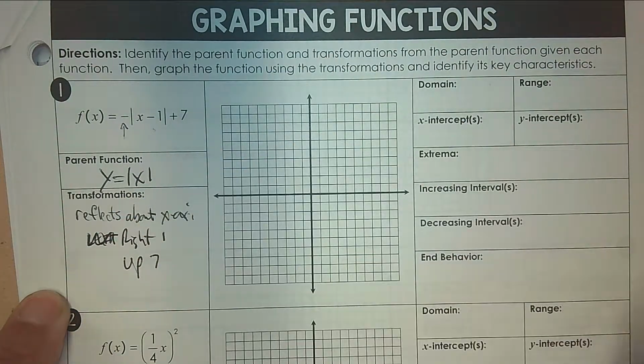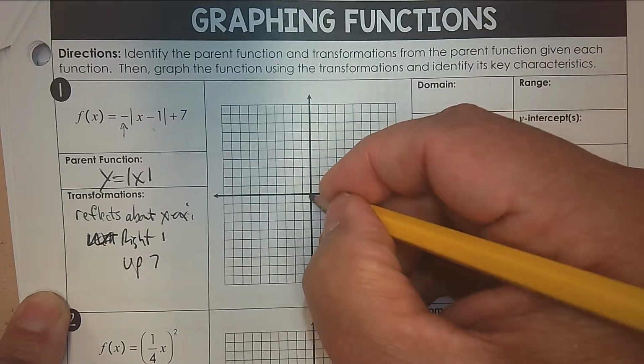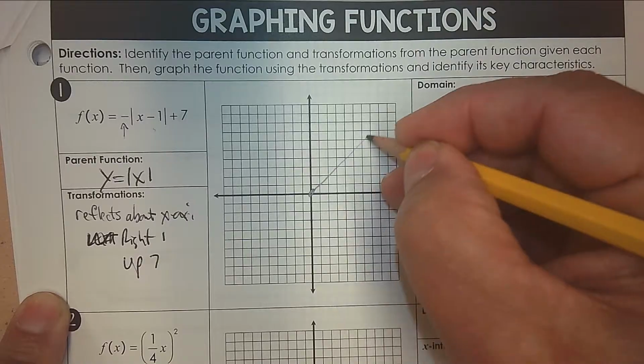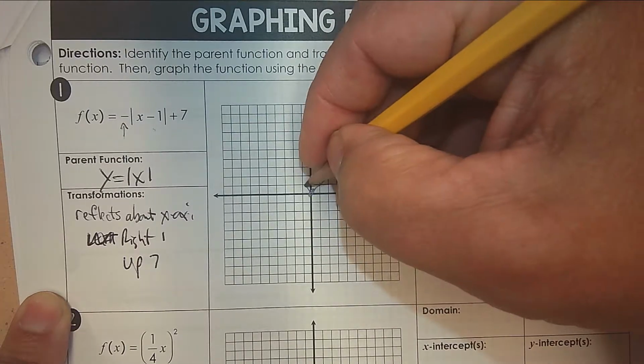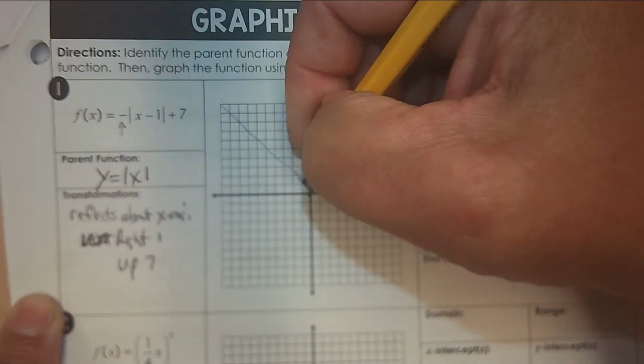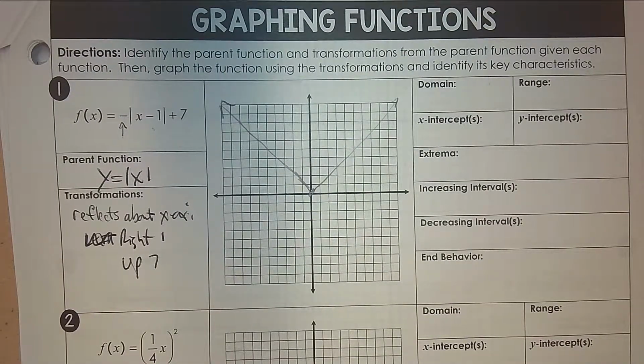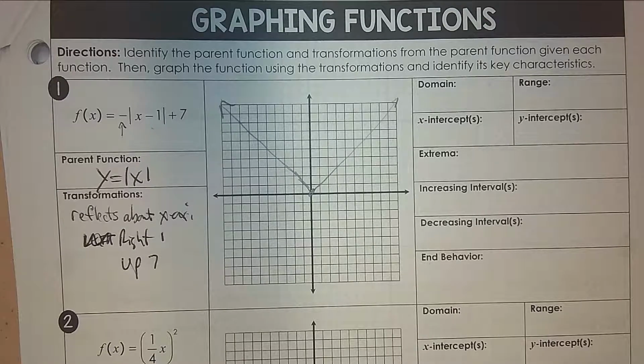So this is what I'm going to do. In pencil, I'm going to do the parent. So for an absolute value function, there's my parent, right? So what I want to do, and I'll do this in blue, is translate that whole thing.